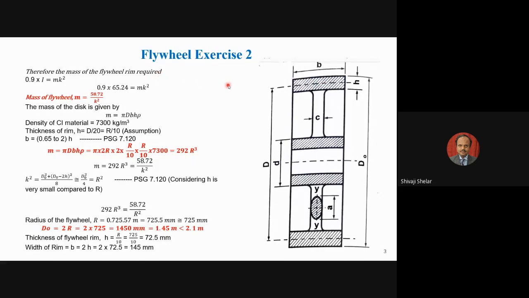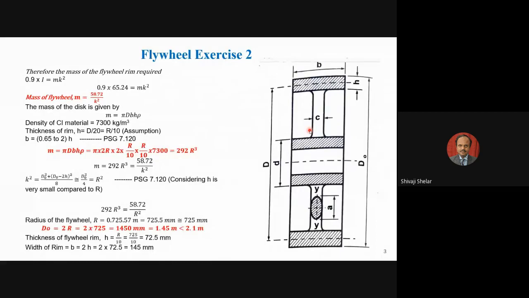That will be decided by how much mass moment of inertia we want to provide. We calculated the required I value, and out of that I value, this rim will provide 90%. That's why I'm multiplying 0.9 by I, which is equal to m k square, where m is the mass of that rim, and k is the radius of gyration of this flywheel. In the first lecture of the flywheel itself, I demonstrated two diagrams.